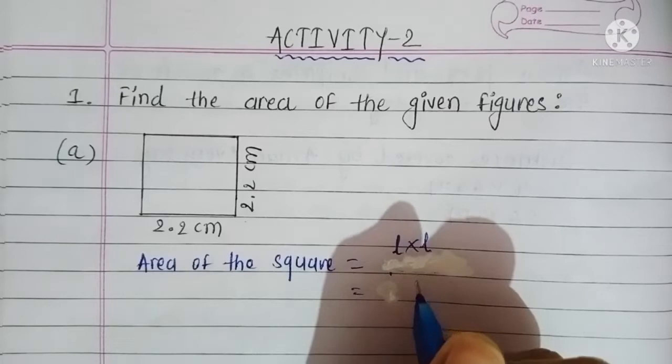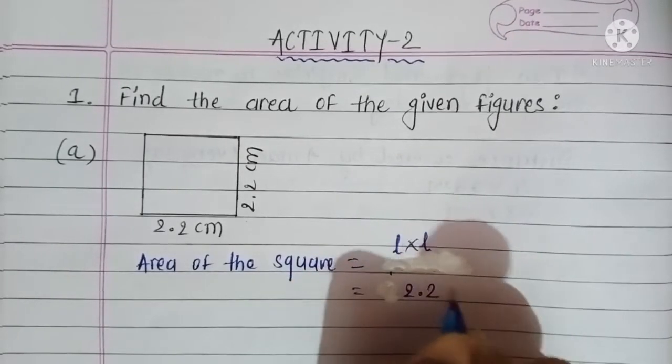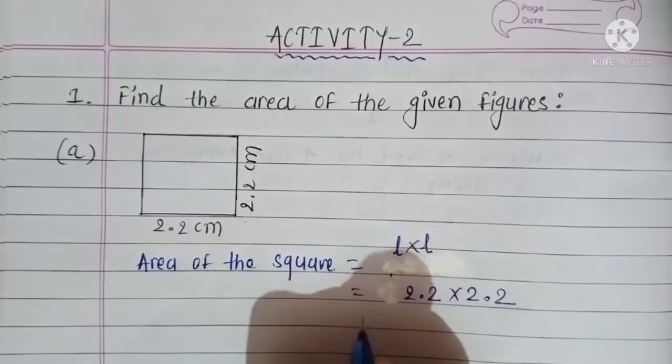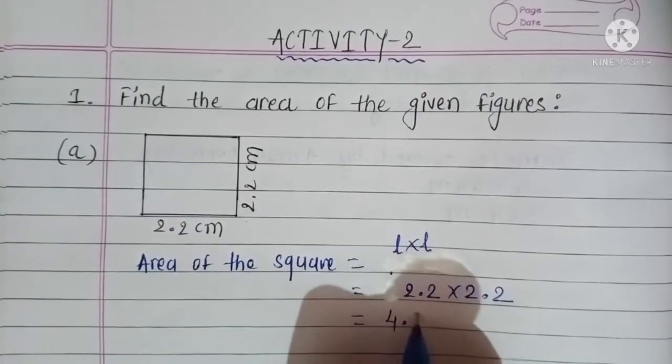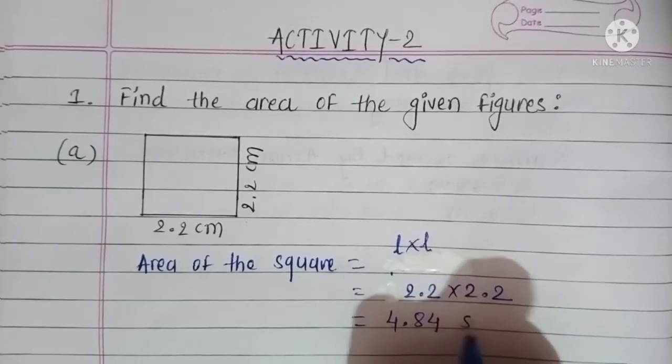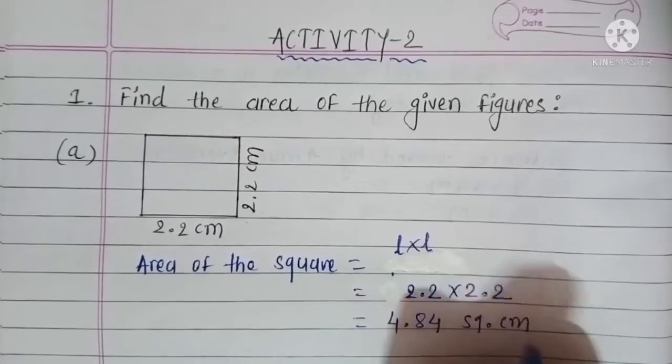So area of square is equal to 2.2 multiplied by 2.2. On multiplying we get answer 4.84 square centimeter.